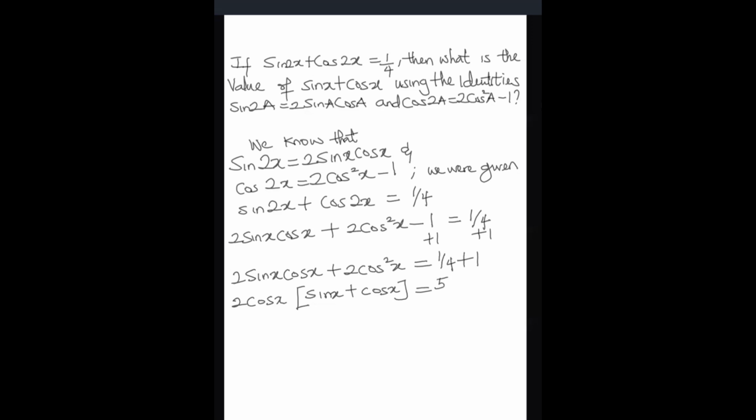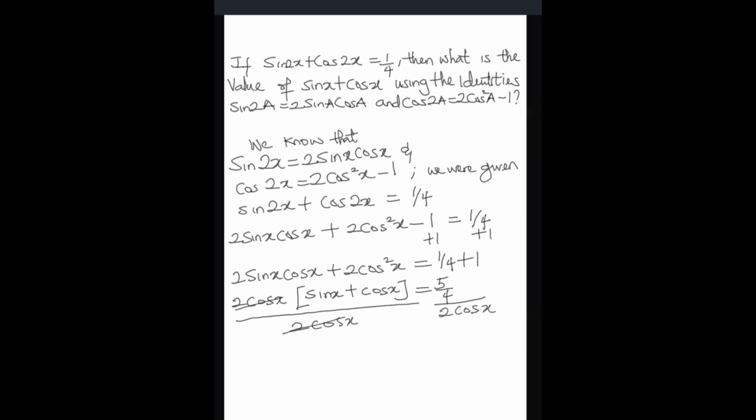Now, remember that the whole idea is that I want to make sine x plus cos x stand on its own, and now it's already standing. So the only disturbance to this is that it's multiplying 2 cos x. So the first thing I'll do is to divide through by 2 cos x, and let's see what I'm going to have. If I divide through by 2 cos x, this goes out, right?